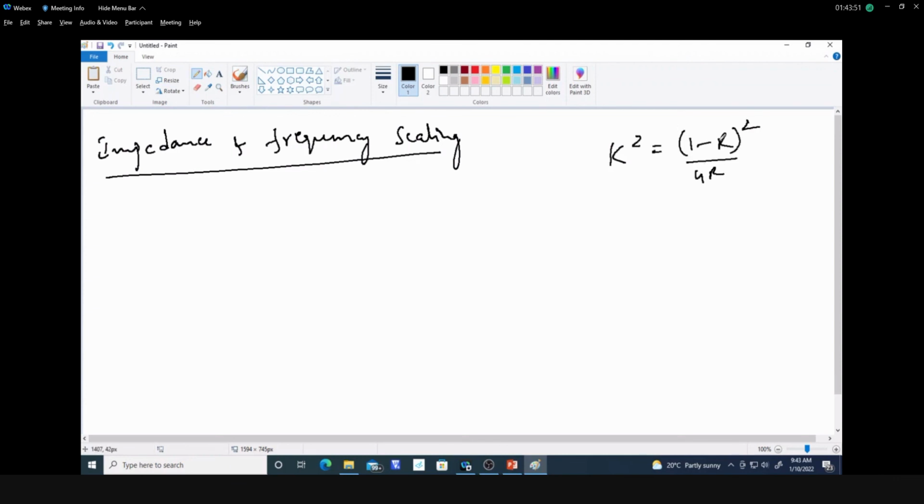If I take r equal to 1 it will go to 0. So in that particular case we need to be very careful, and we have to derive it separately. For all other cases we need to assume that the load and the source resistance is equal to 1, and in this particular case we can assume a non-unity load resistance.